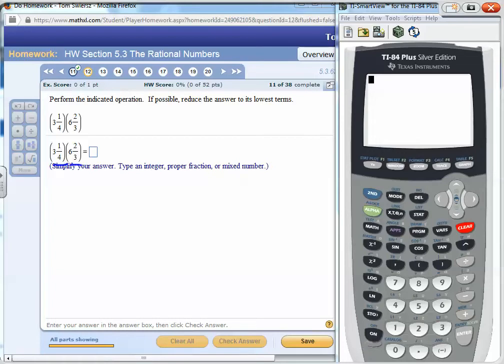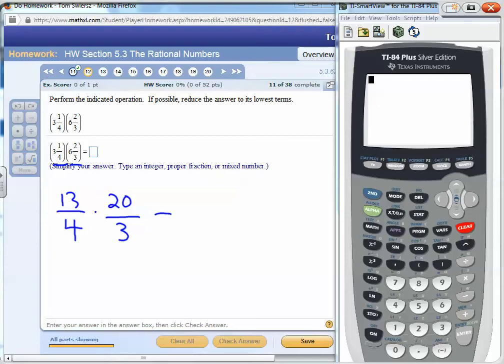So 3 1/4: you do 3 times the denominator, which is 12, and then add the numerator, 1, and you get 13/4. Times 6 2/3: 6 times 3 is 18, plus 2 from the numerator is 20, over the denominator, keep it the same as 3.